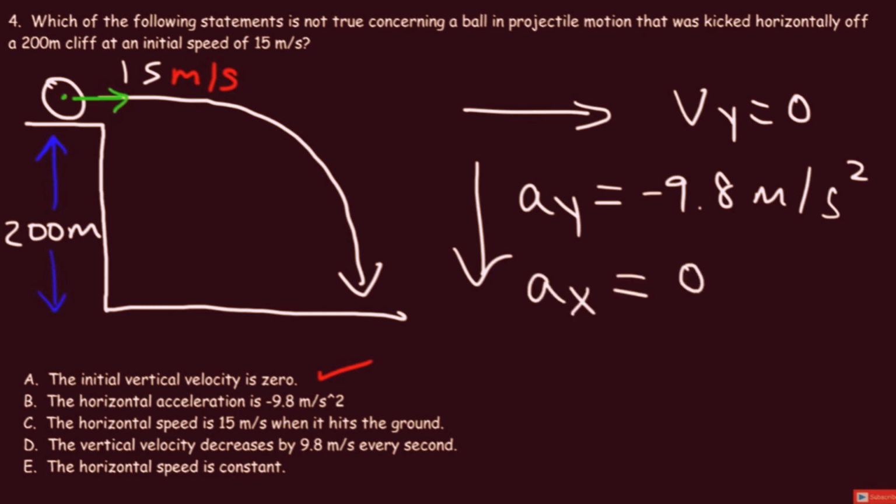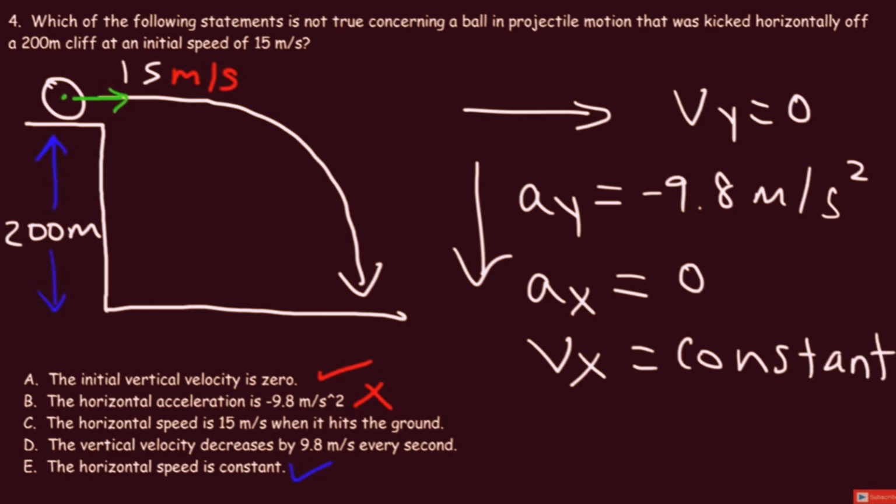It has to be zero, which means B is the false statement. The horizontal acceleration is not negative 9.8, that is the vertical acceleration. Ax is the horizontal acceleration. Now E is a true statement, because if the horizontal acceleration is zero, then the velocity Vx is constant, which means the horizontal speed is constant as well.